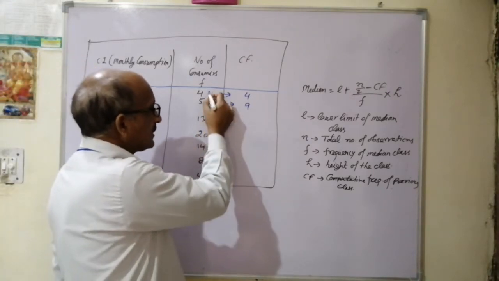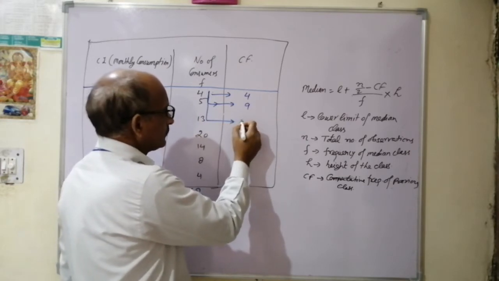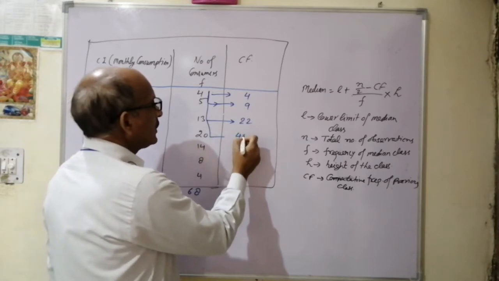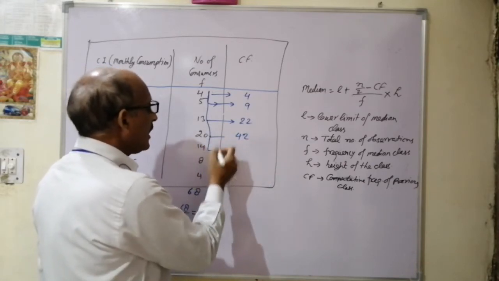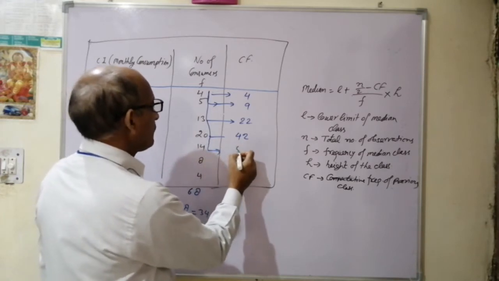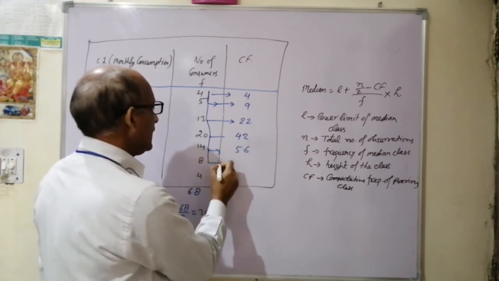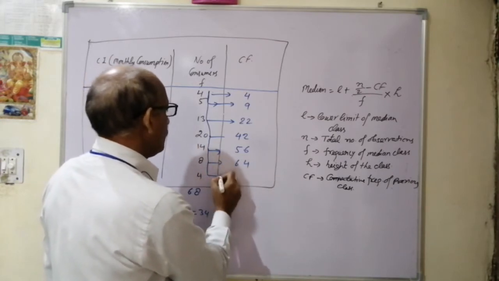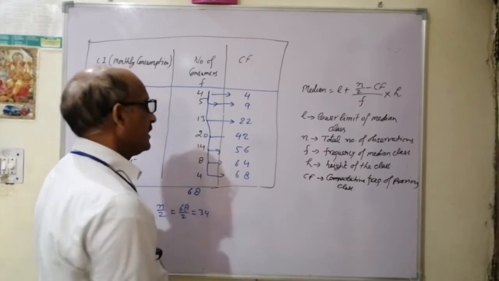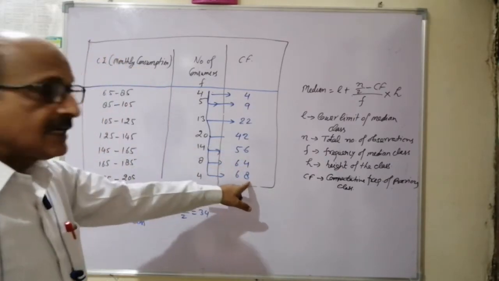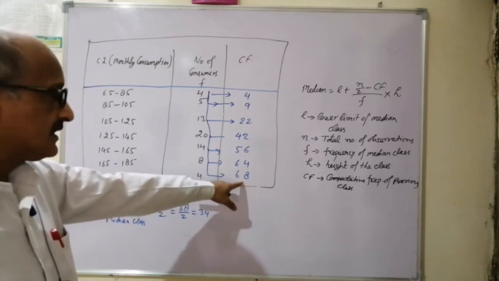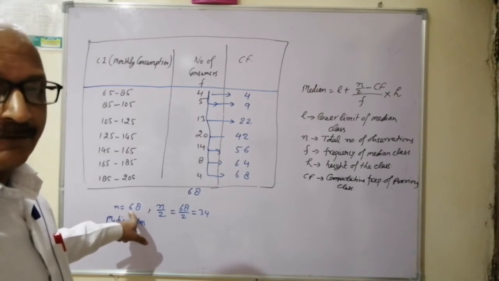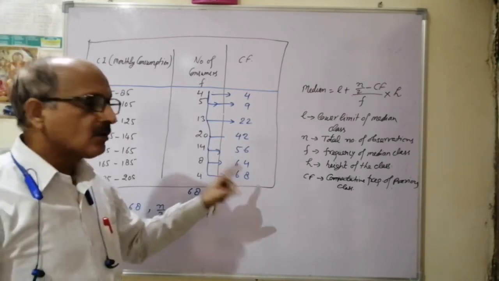Adding all these 3, we get 22. Adding all these 4, 42. Adding all the above 5, 56. Then again 8, 64. Then again plus 4, and we get 68. We can check that the last cumulative frequency is equal to the sum of all the frequencies. So n is now 68.